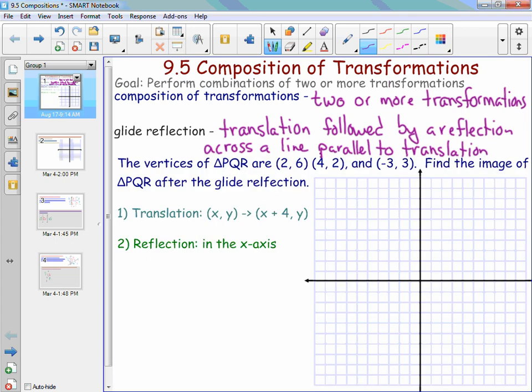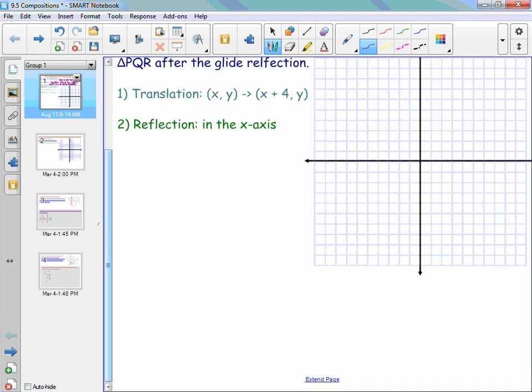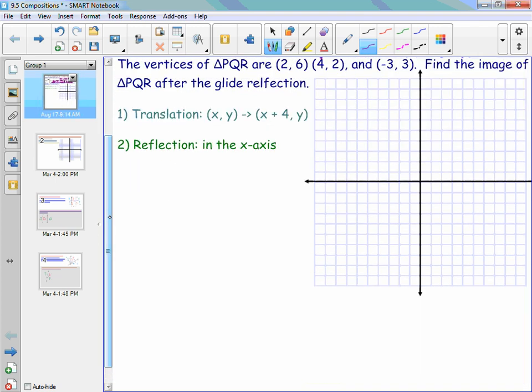Our first example. The vertices of triangle PQR are given as such.